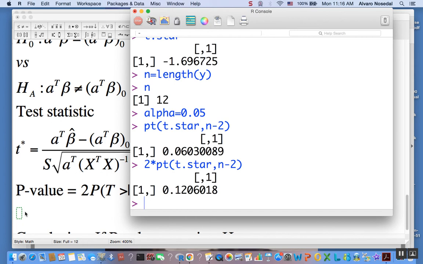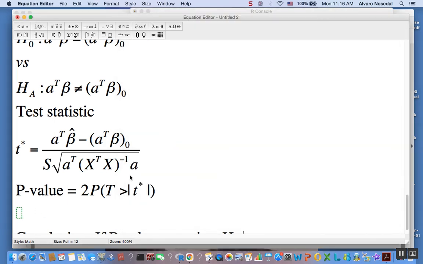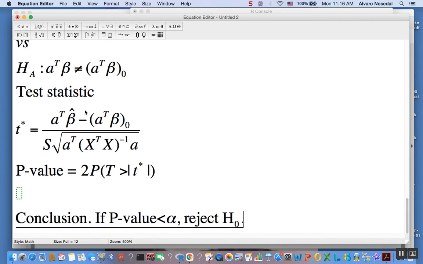Now, let me just remind you, and we're going to talk about this in more detail later, that if you square a test statistic t, you end up with an f.